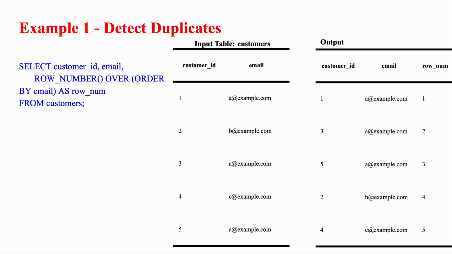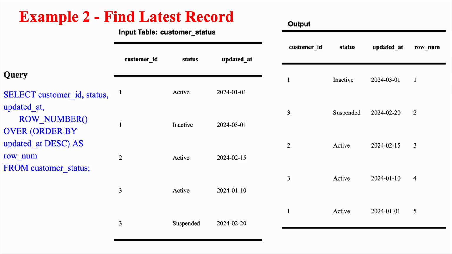We have a customer table and some emails are repeated. We use row number over order by email to assign a number to each row. Rows where row number is greater than 1 are duplicates. This is a really good pattern for testing data quality.